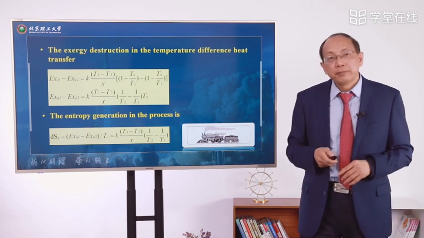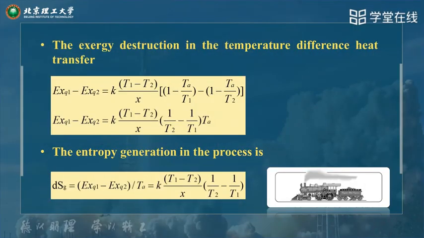In this case, exergy destruction means the entropy generation produced. So ΔSg equals (EXQ1 minus EXQ2) over TA. Finally we can obtain the entropy generation.